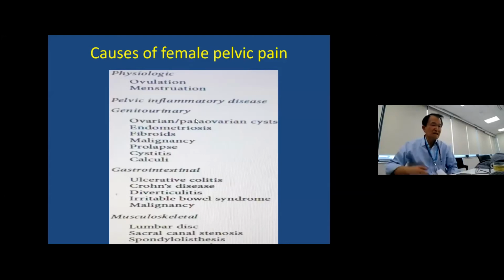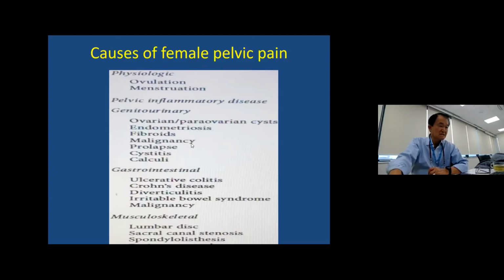Ladies often have vague pain in the pelvis, and besides physiologic ovulation and menstruation, most commonly PID, the cause is very difficult to pinpoint. But there are many causes like cystic disease, endometriosis, which is common in Asian, Korean women. Fibroid, every lady has fibroid.